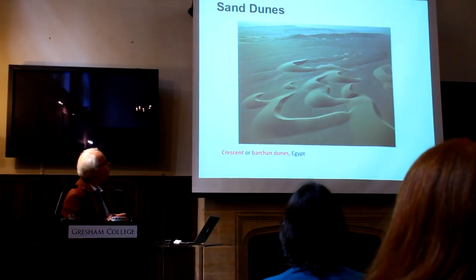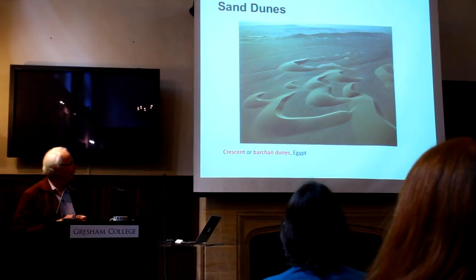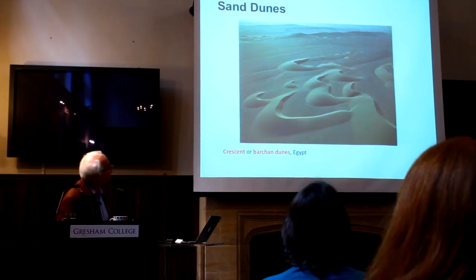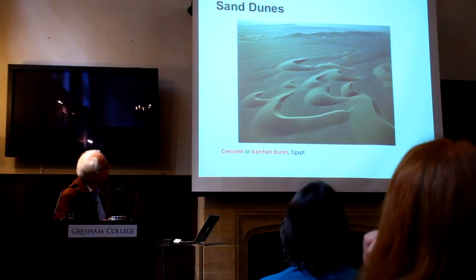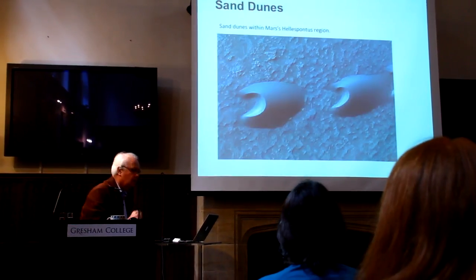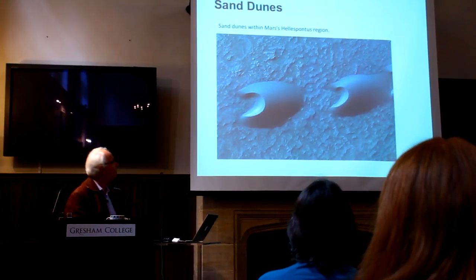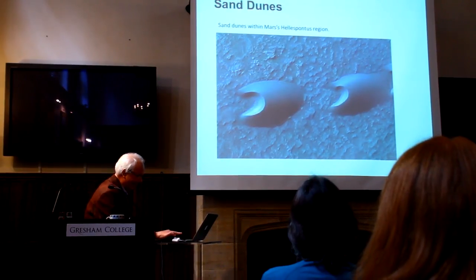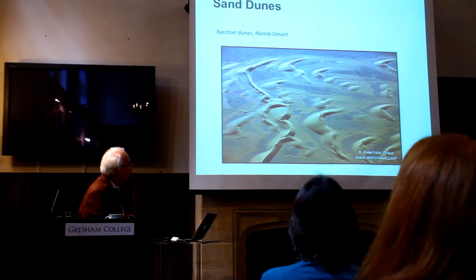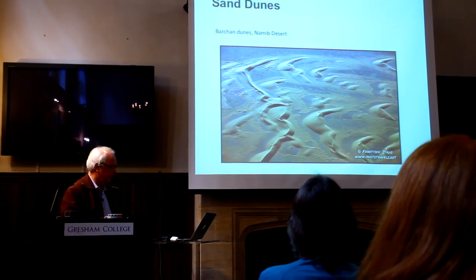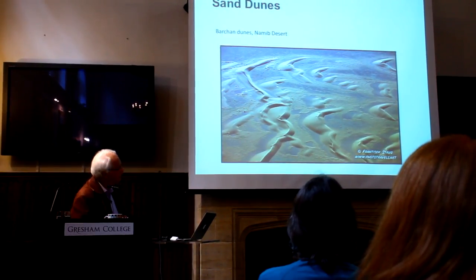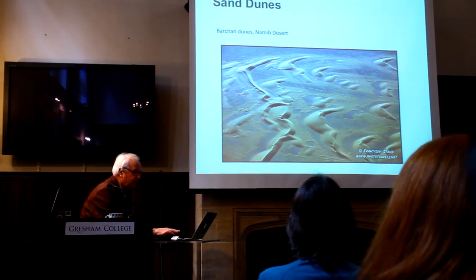Now there's also these wonderful crescent-shaped or bucket dunes. These are in Egypt. Those are on Mars. Here's a more complex field of these dunes. And it's in the Namib Desert.